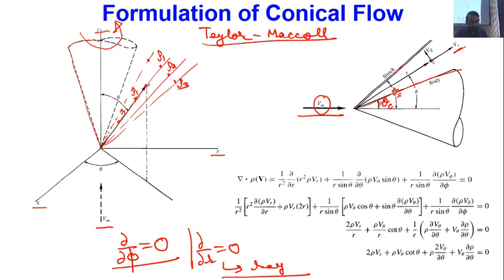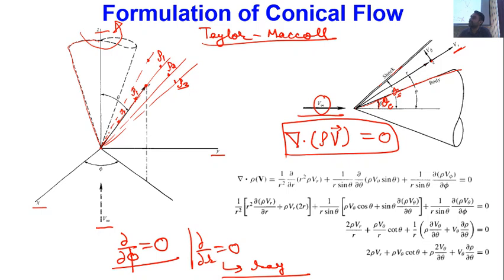Now we know that our continuity equation is nothing but divergence of rho into v vector equal to 0. So this is my continuity equation. Now as my flow situation is in the spherical coordinate system, whenever I have to calculate this divergence of rho into v vector, I have to calculate it in the spherical coordinate system.